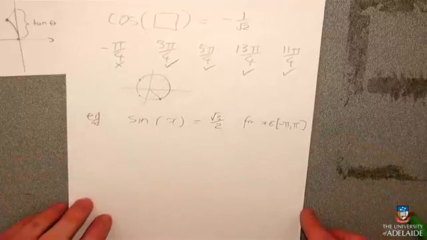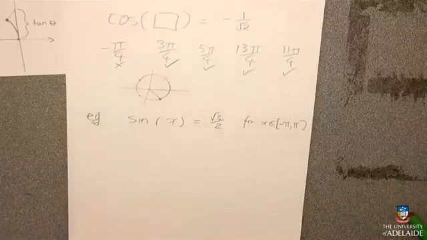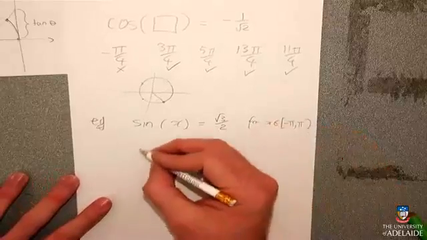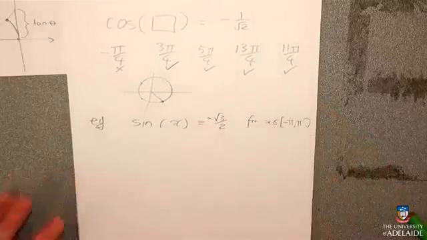So first I will figure out an angle that does give me sine of x equals root 3 on 2. Okay, let me do it with a minus so I can show you how I do it actually.